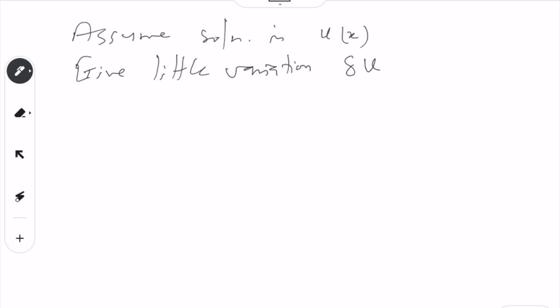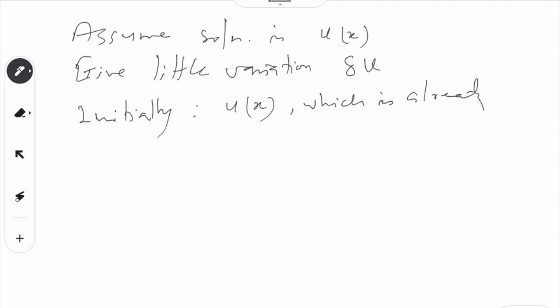So what happens? Initially it is u(x), which is already a solution.